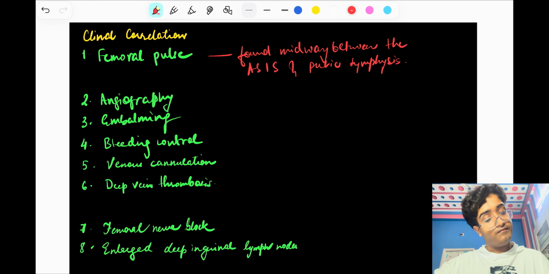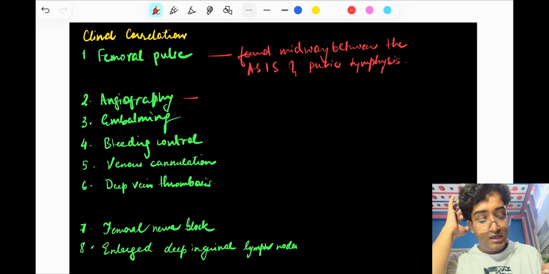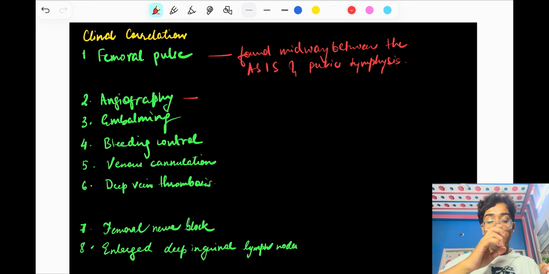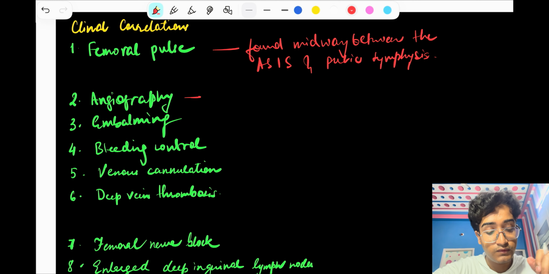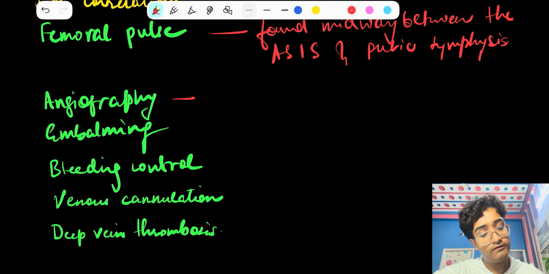It is actually a surface anatomy topic, and I'm covering it here itself. Angiography: the femoral artery is used for angiography, where the angiograph is passed via the femoral artery, which is an easier way to reach the heart.